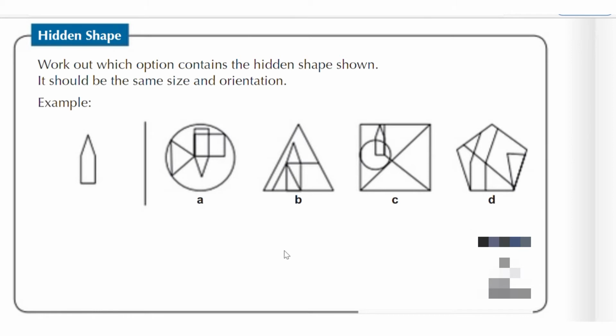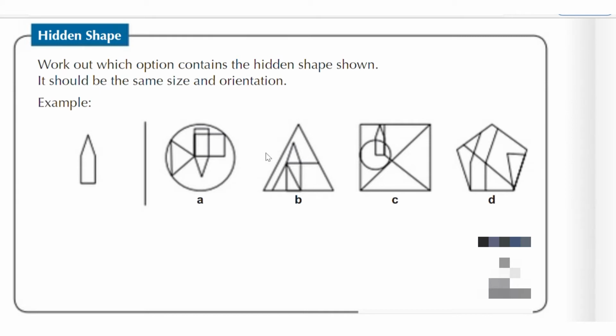Now this is another one, hidden shape. Work out which option contains the hidden shape shown. It should be the same size and orientation. So remember, same size and orientation. If it's standing, it should be that same way. It should be standing as well.